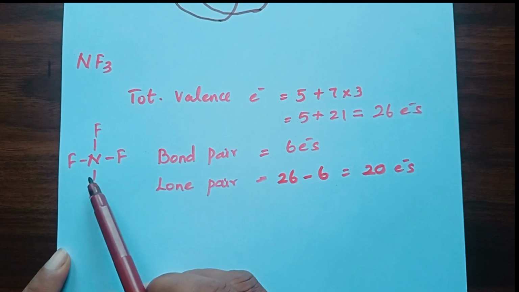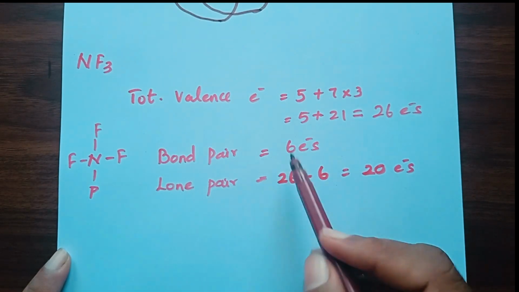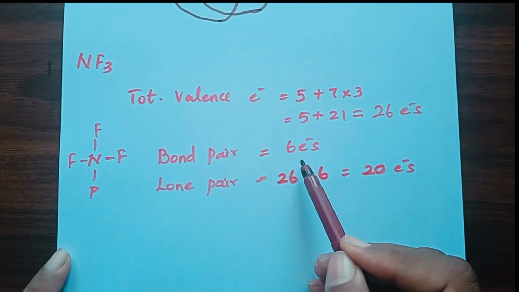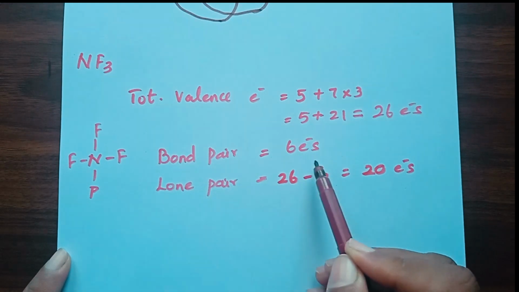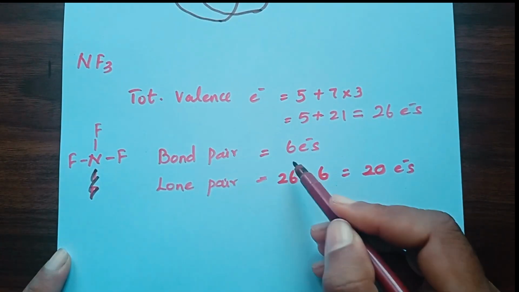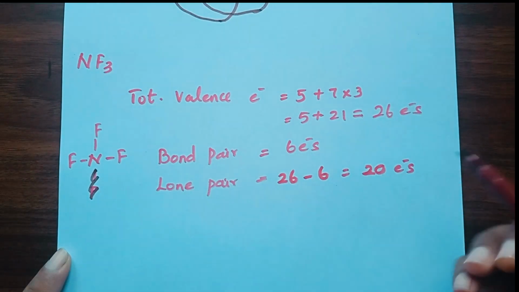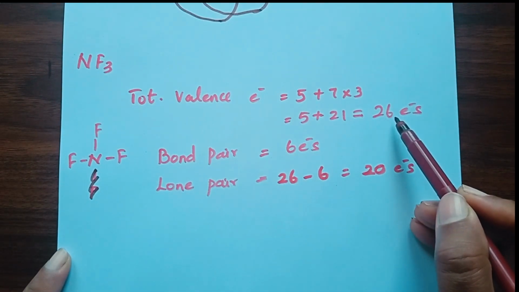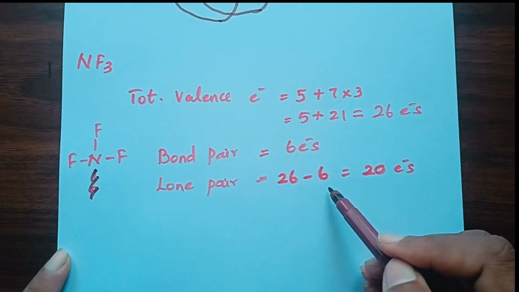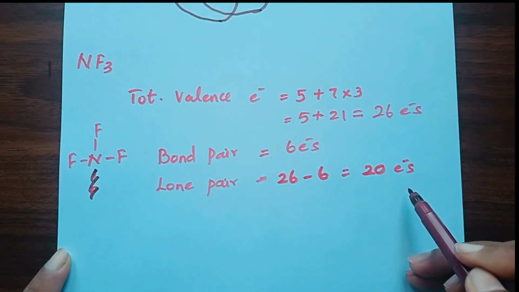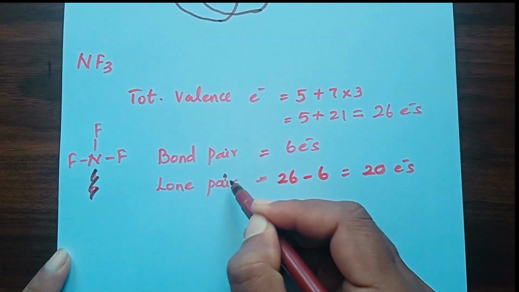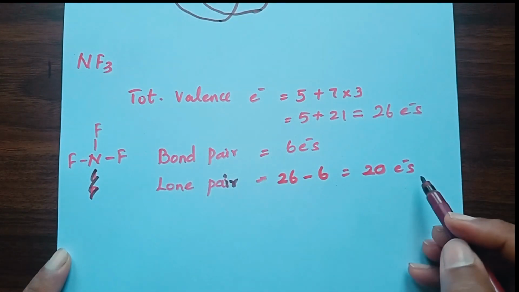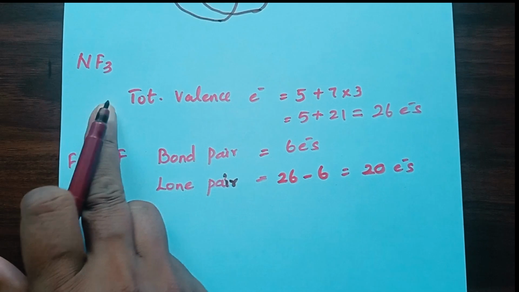The bonds here are all single bonds, so 6 electrons are used for bond pairing, and lone pair electrons equal the total valence electrons 26 minus bond pair 6. So totally 20 electrons should be there as lone pair electrons for NF3.